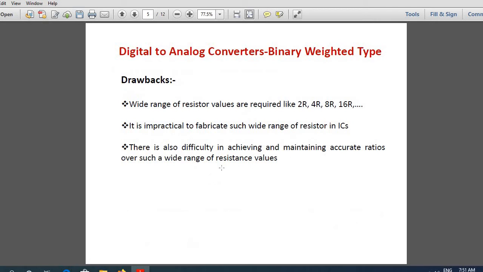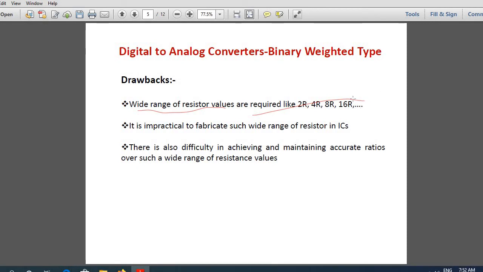Now, what are the main drawbacks of this binary weighted type? I think you have observed that a wide range of resistor values are required: 2R, 4R, 8R, 16R, and it goes on until it reaches n bits. If it is 8-bit data, 8 different values of resistors are required.